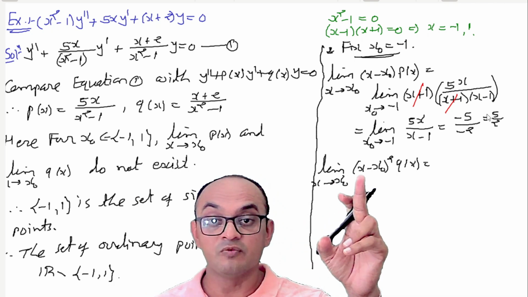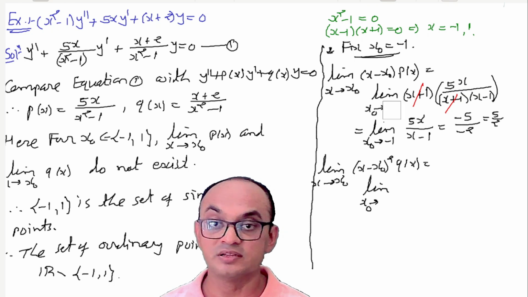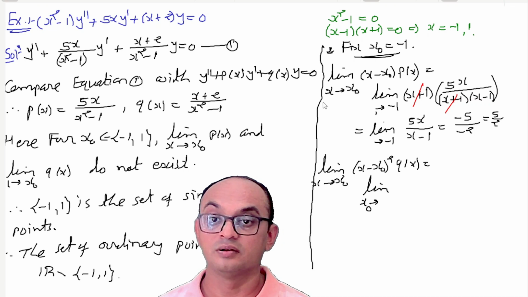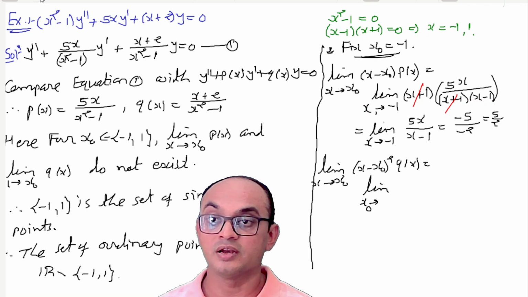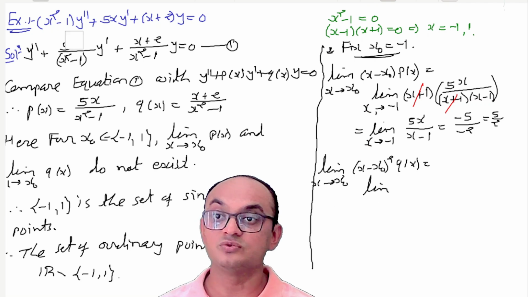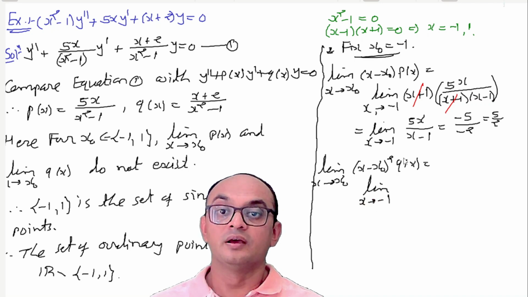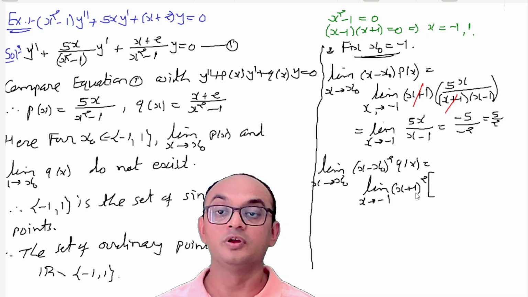Now let us see what is happening for this one. Oh yes, actually I made a mistake. This is limit x tends to minus 1, and the same here, limit x tends to minus 1. This is x minus x0 square, that is x plus 1 whole square into qx.